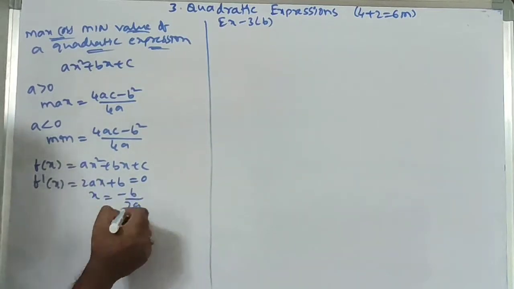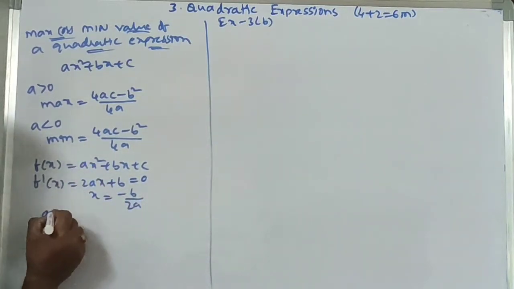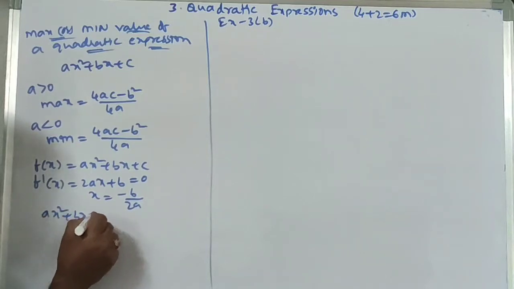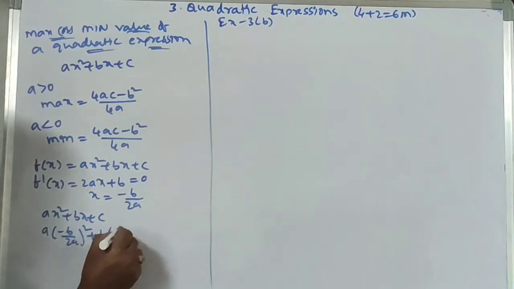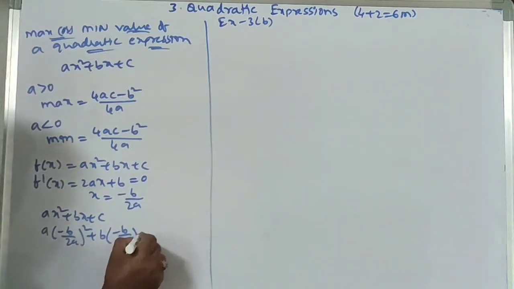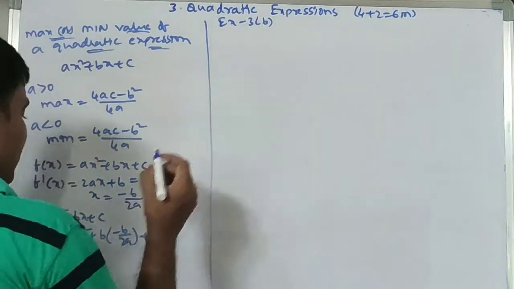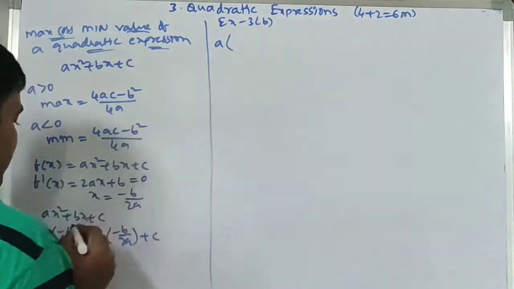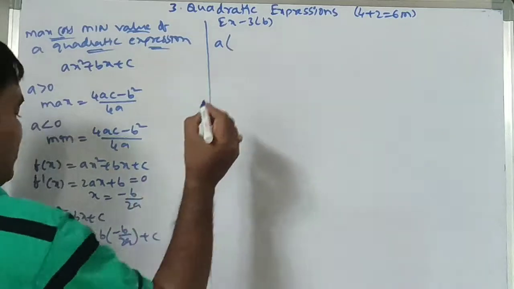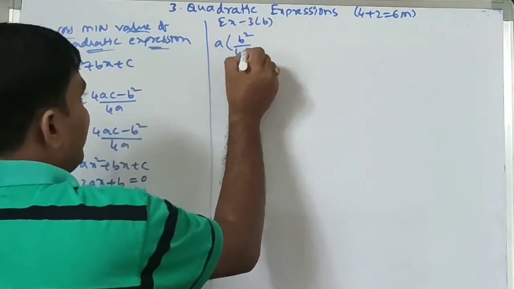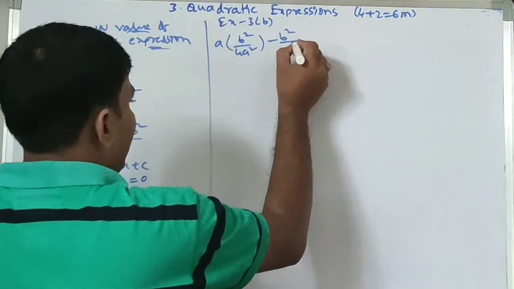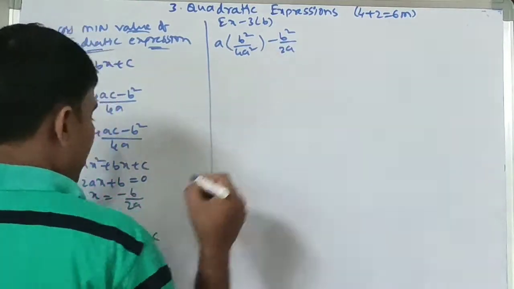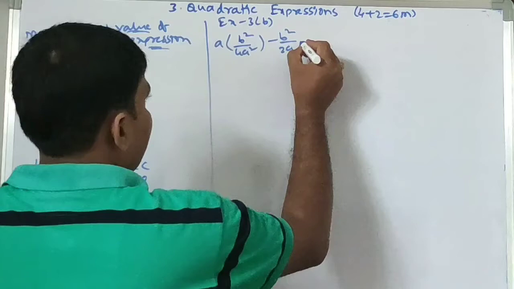If we substitute x equal to minus b by 2a in ax square plus bx plus c, we get a of minus b by 2a whole square plus b of minus b by 2a plus c. So a into b square by 4a square, plus b into minus b by 2a, plus c.